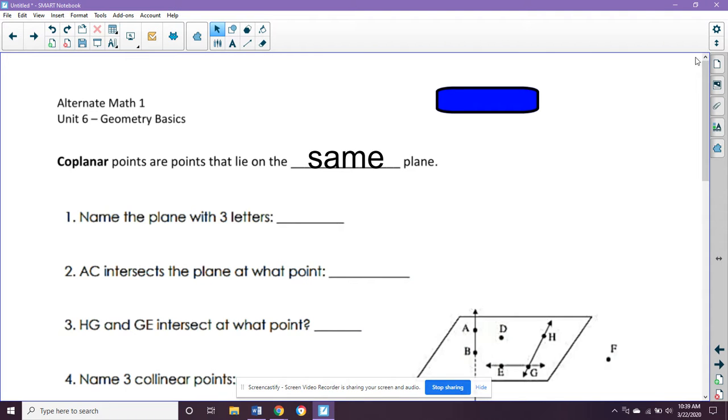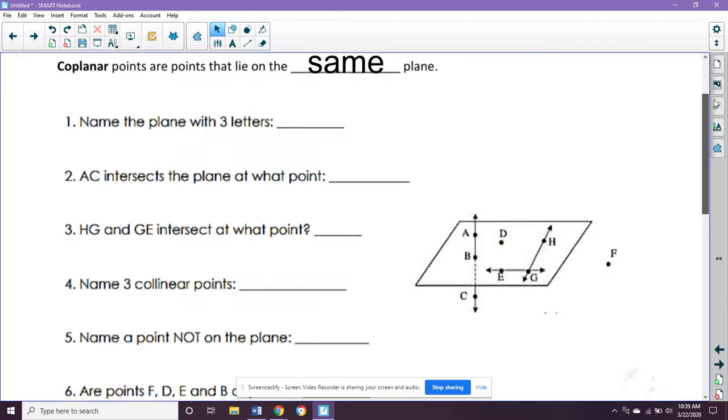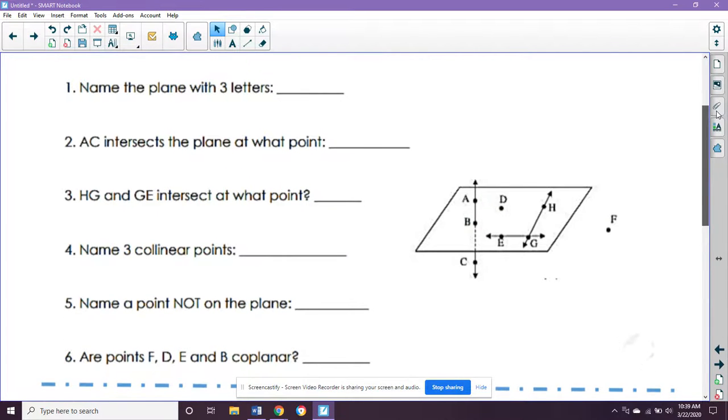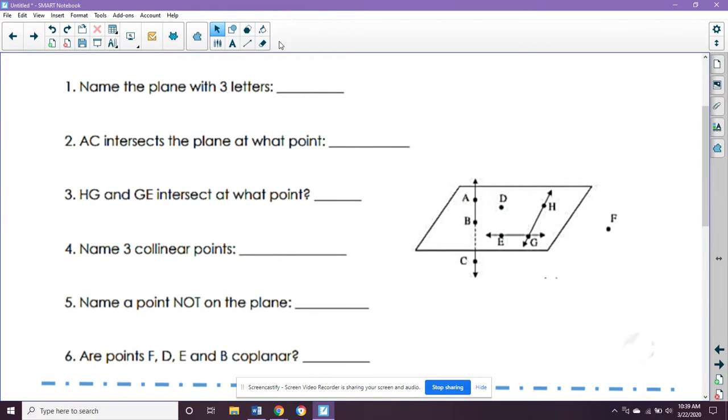Okay, so let's look at some examples. So number 1, name a plane with 3 letters. So again, a plane, we have here the enclosed shape. It can be any 3 points to make a plane, but it has to be within the plane.